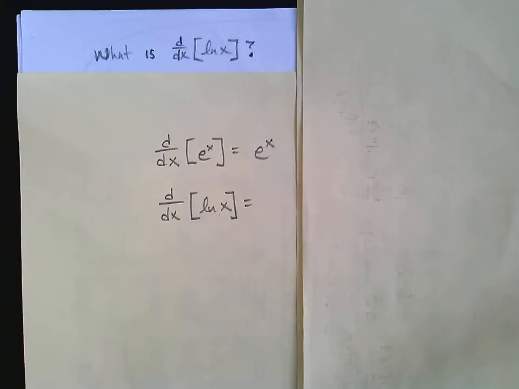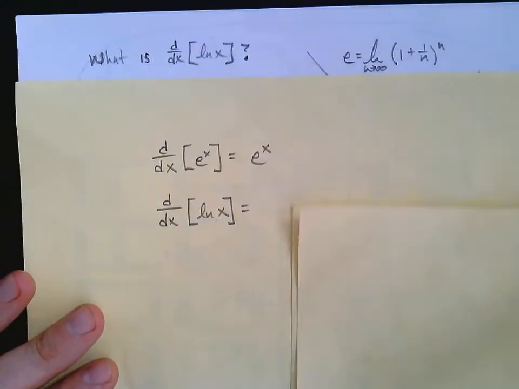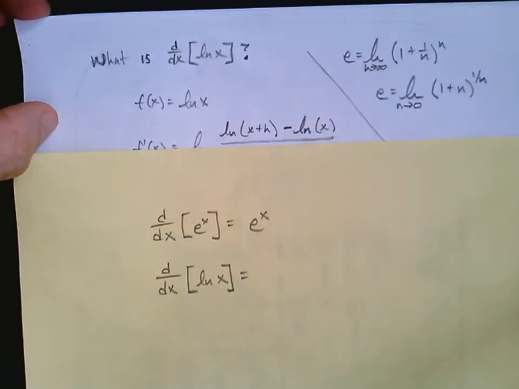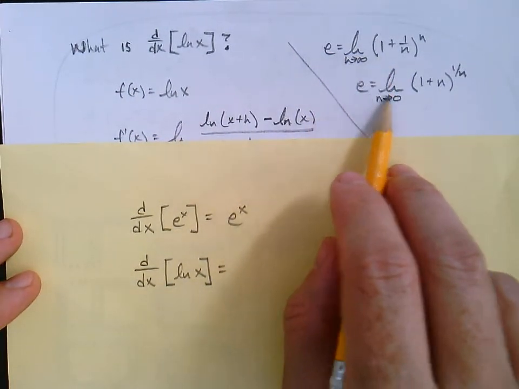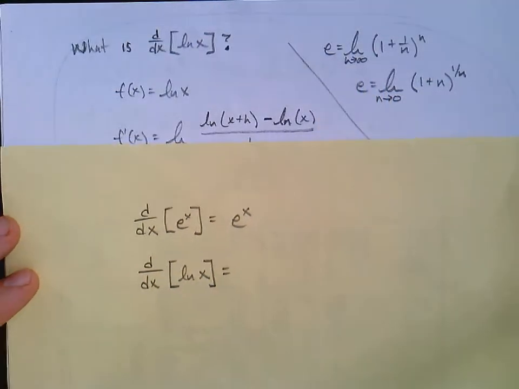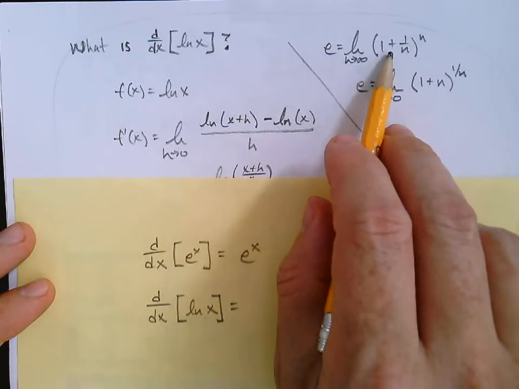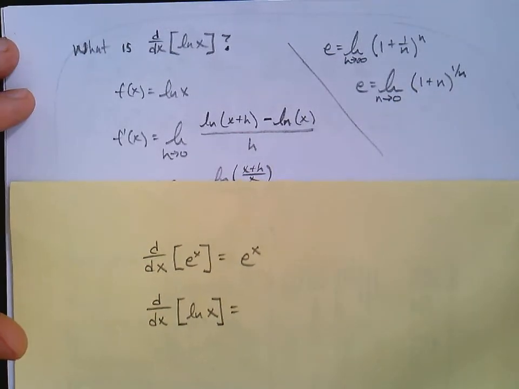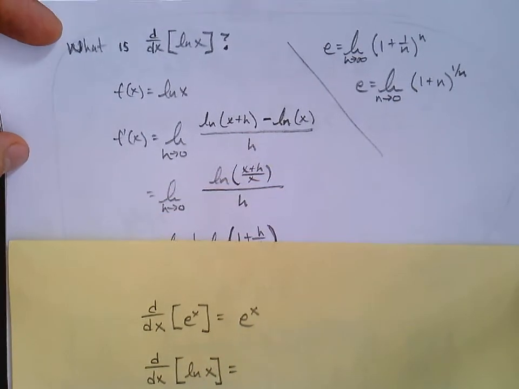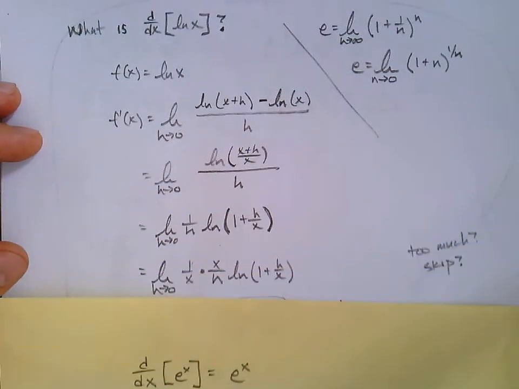So here it is. What is d over dx of natural log of x? All right, and so here's all of my work. It turns out it's a good idea to reference the definition of e, and you have to rethink how you do that as part of this explanation, to give you a hint at the depth here.